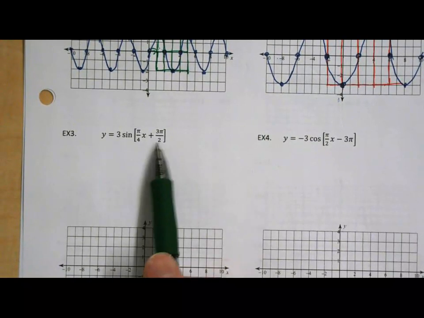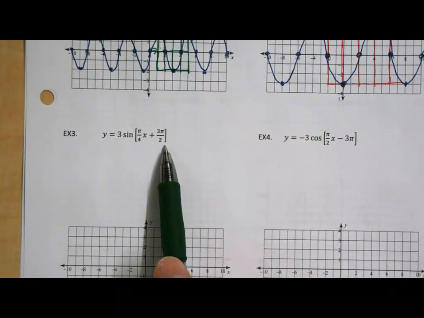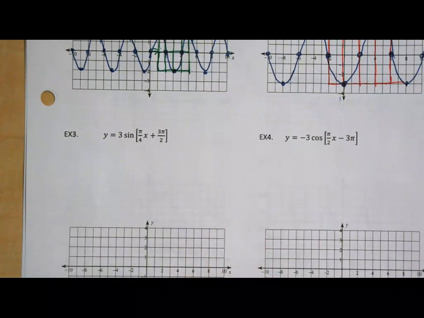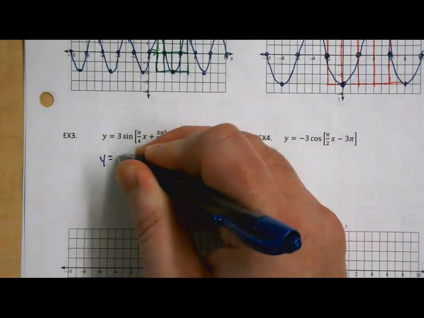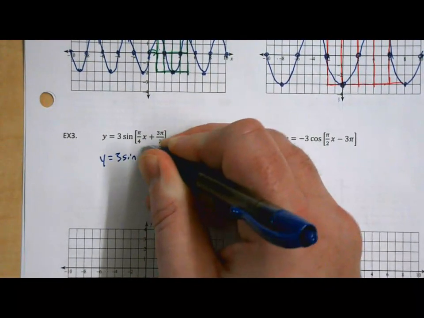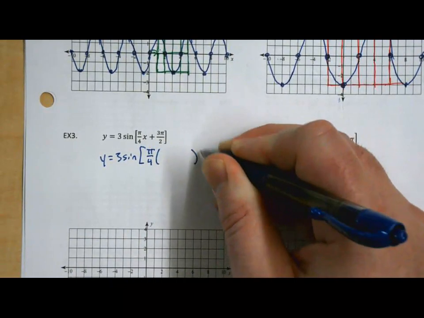I would have to do my shift first, and then my horizontal stretch or compression, which would also change how far I'm shifting, which is going to be kind of annoying. So this will be much easier if we can force it into the format that's a little bit more friendly to us. So we're going to do that. We're just going to factor this pi over 4 out on the inside.